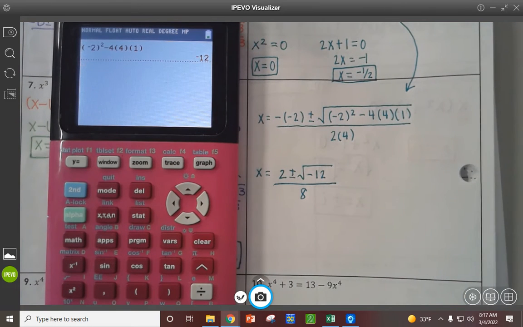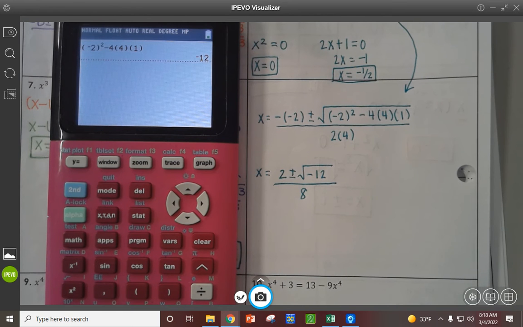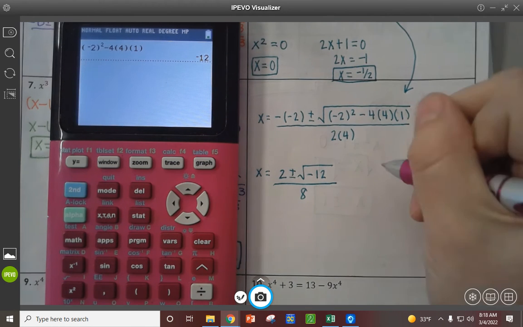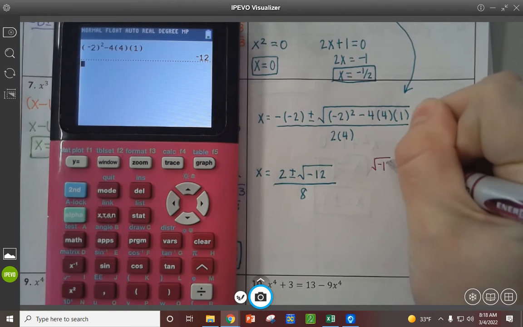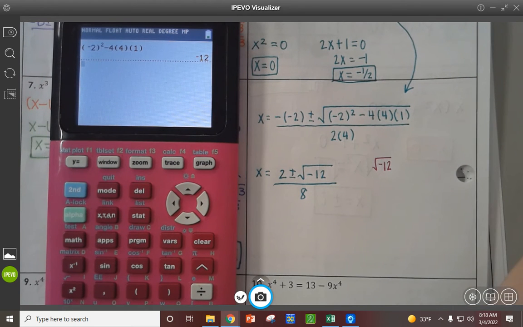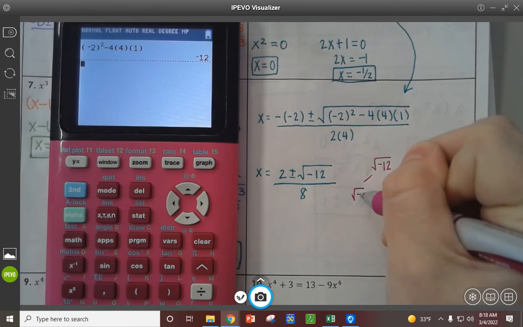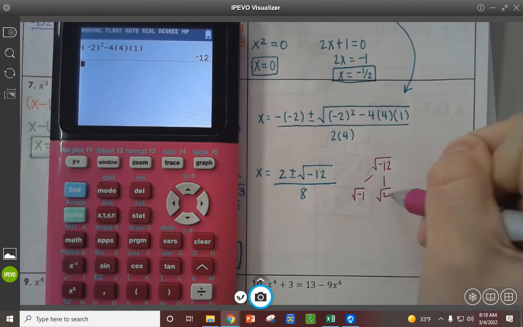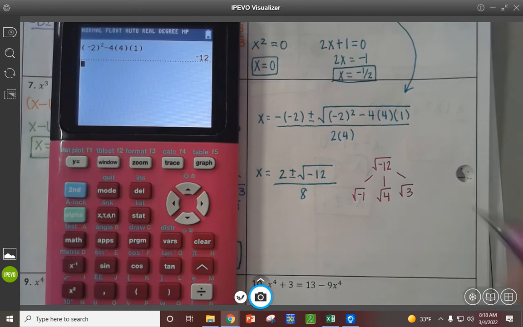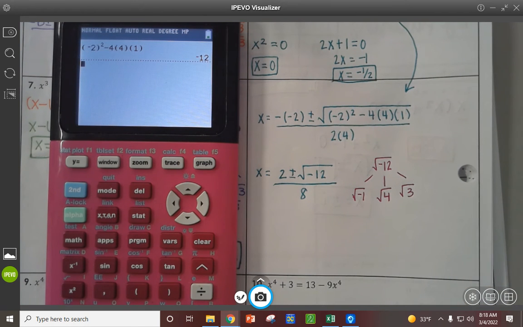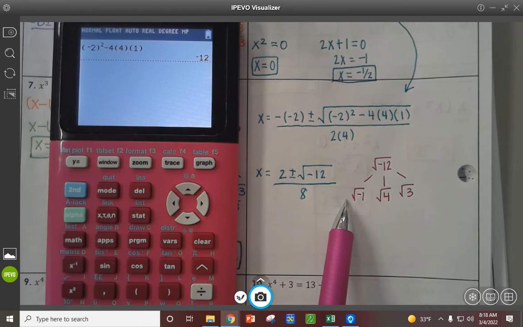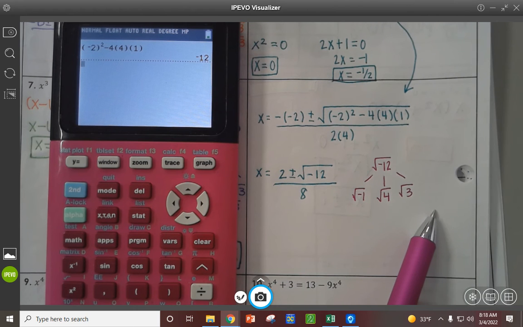And we have 8 on the bottom. Now, since the square root of -12 is not going to break down nice, we need to split that apart. And we get the square root of -1, the square root of 4, and the square root of 3.